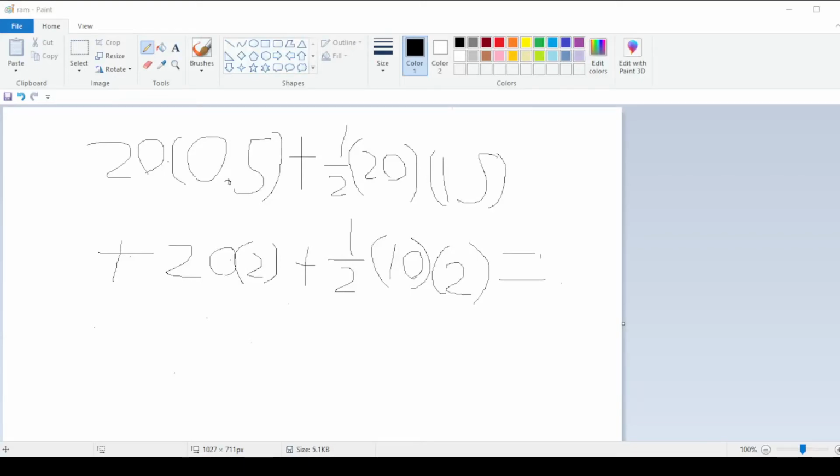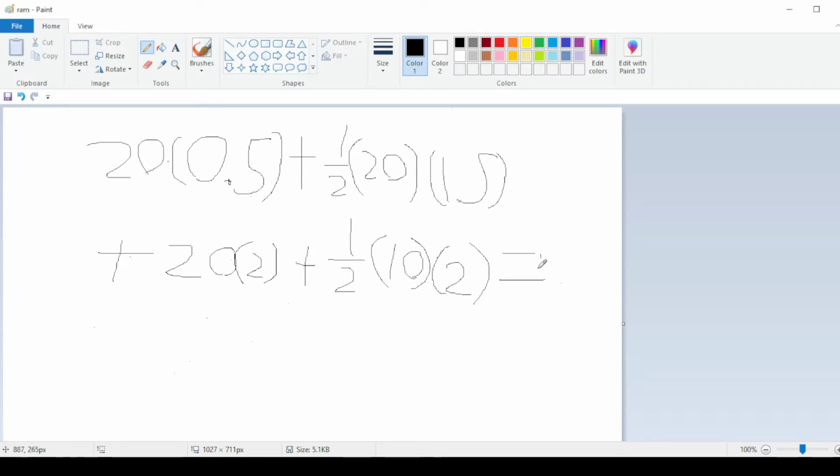So I made an equation: 20 times 0.5 plus 1/2 times 20 times 1.5 plus 20 times 2 plus 1/2 times 10 times 2. Now, in this equation, 20 times 0.5 represents the x, and the other side, 1/2 times 20 times 1.5, will represent the y axis.